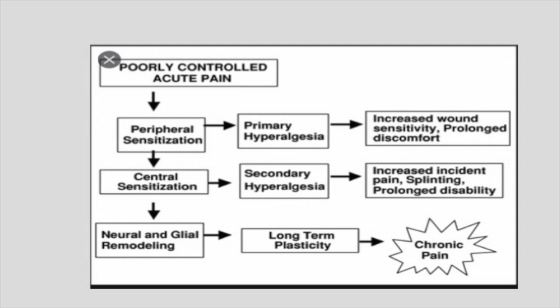So then patients will then get prolonged discomfort, and when this peripheral sensitization continues, you eventually develop central sensitization, which is called central hyperalgesia, and then you get remodeling of the nerves, which eventually is the reason why things like paracetamol and NSAIDs may not be as effective. So eventually what you then end up with is chronic pain.